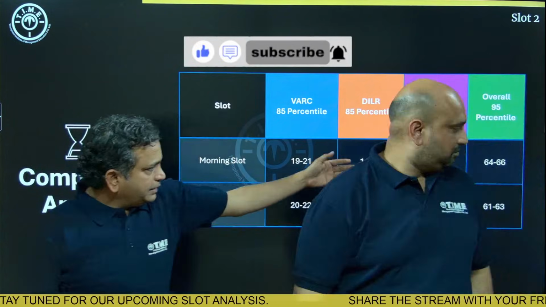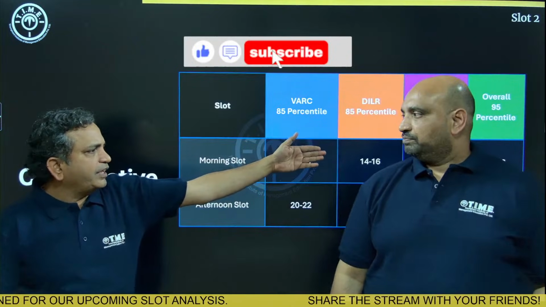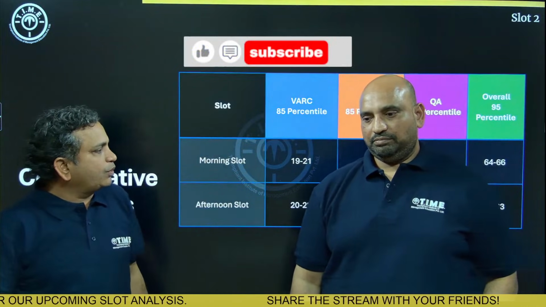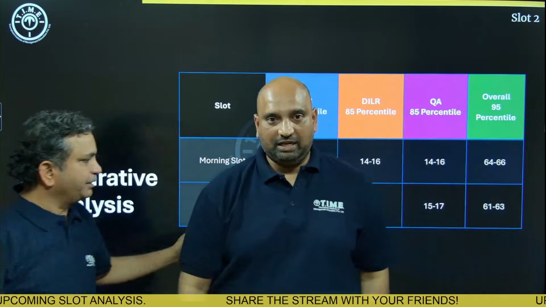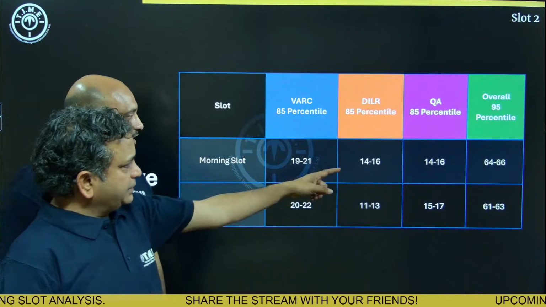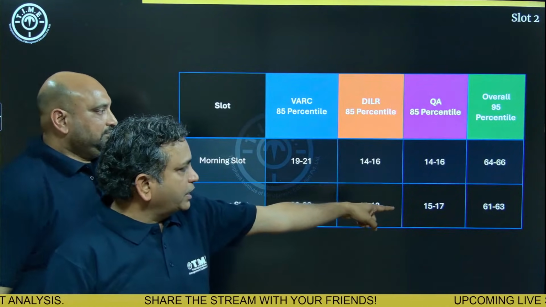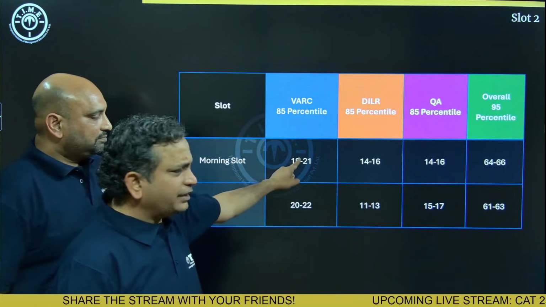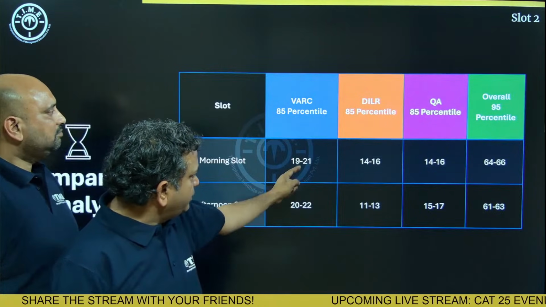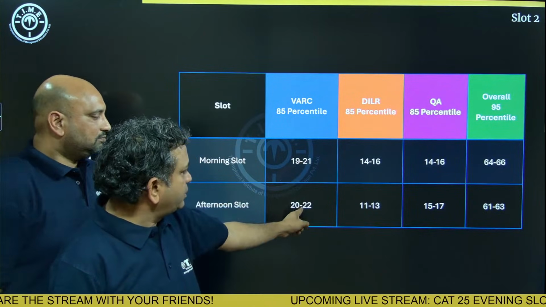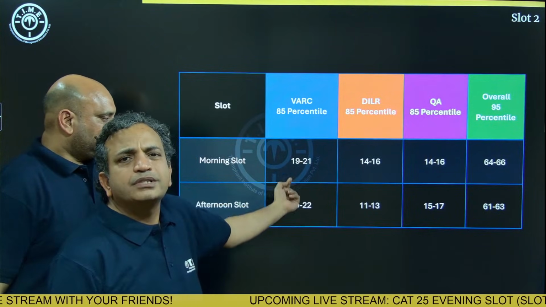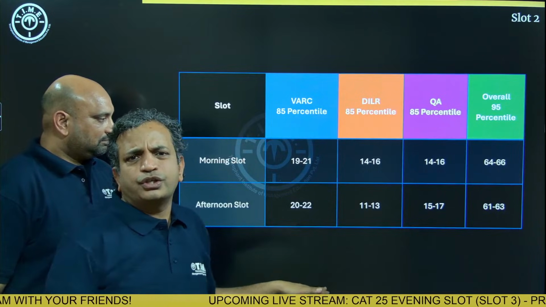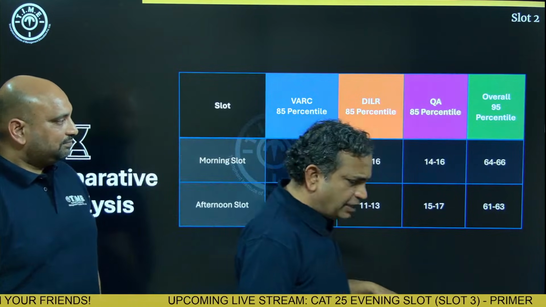So from 64, 66, 65 middle number in the morning slot, the overall numbers, from 64, 65 in the morning slot, the cutoff is coming down to 62. Whereas in the other, while the numbers may look bigger here, it is 20 at the middle number here, 21 at the middle number here, just a 1 mark difference. Not too much of a difference, so to say.